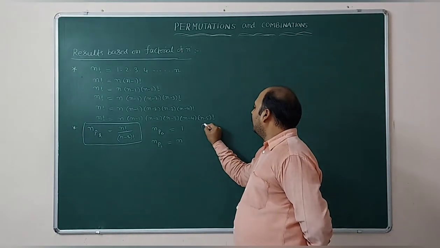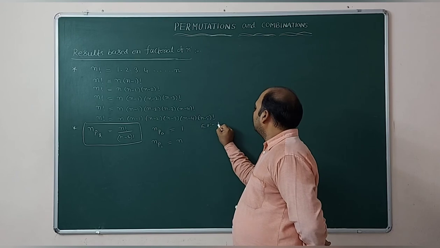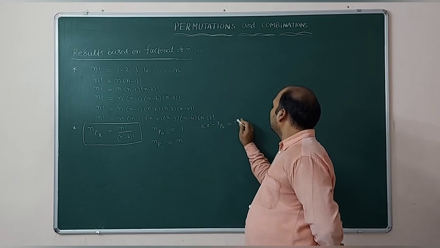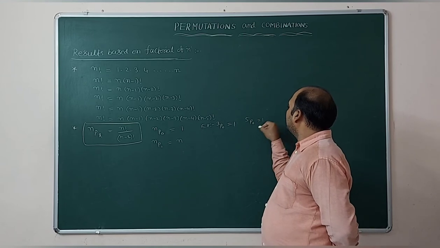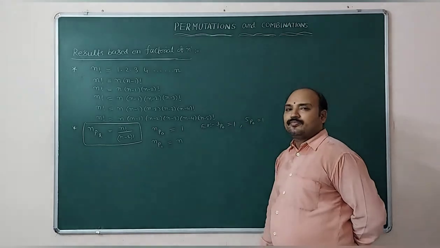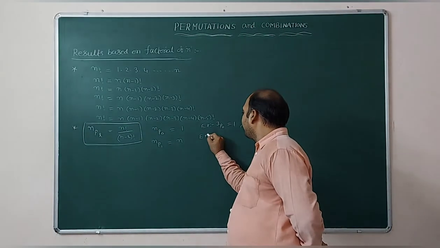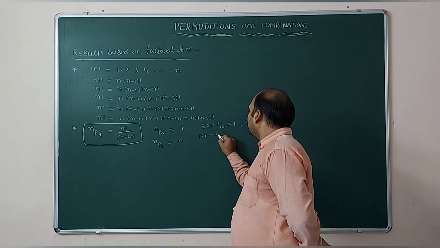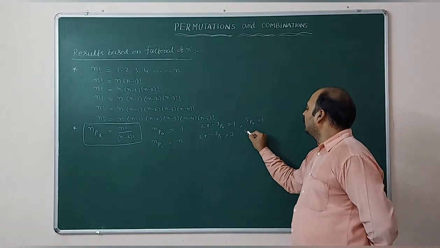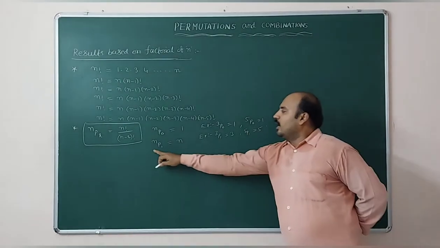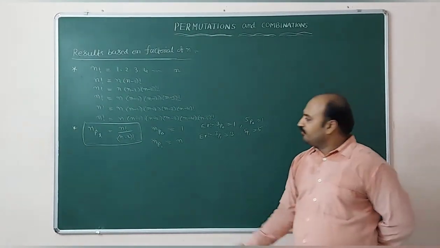Suppose for example, 3P0 is equal to 1, 5P0 is equal to 1. For example, 3P1 is 3, 5P1 is 5, nP1 is equal to n.